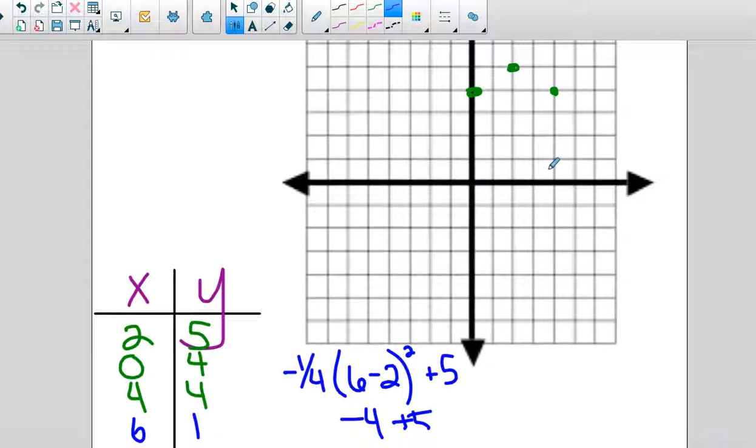So 6, let me think here. 2, 4, 6, comma 1. And if I have 6, comma 1, that's 4 away from my axis of symmetry, so I can go 4 away on this side and get negative 2, comma 1. And that would be the graph.